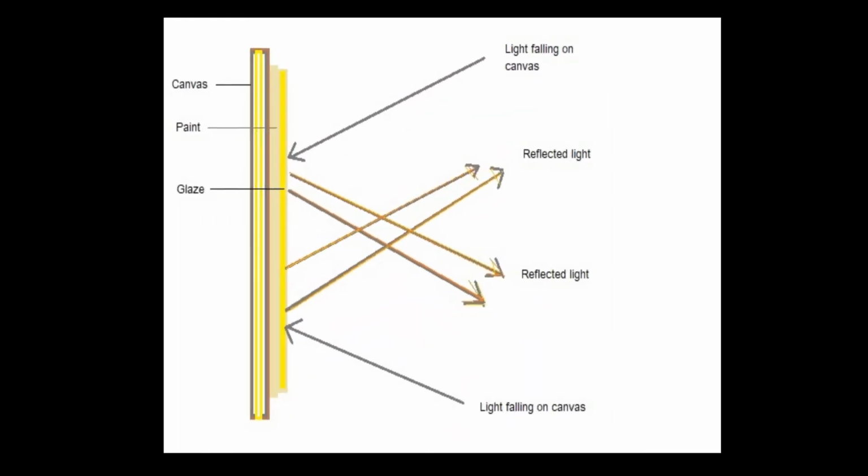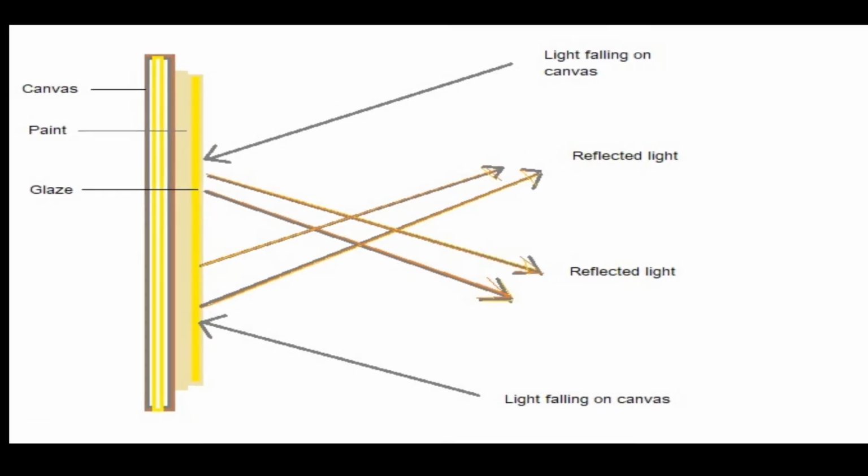Let me explain this a little more in detail. First of all, let's turn this painting around and take a vertical cross section to see those layers. So here's a diagrammatic illustration of how light falls on the canvas through the glaze and gets reflected back.